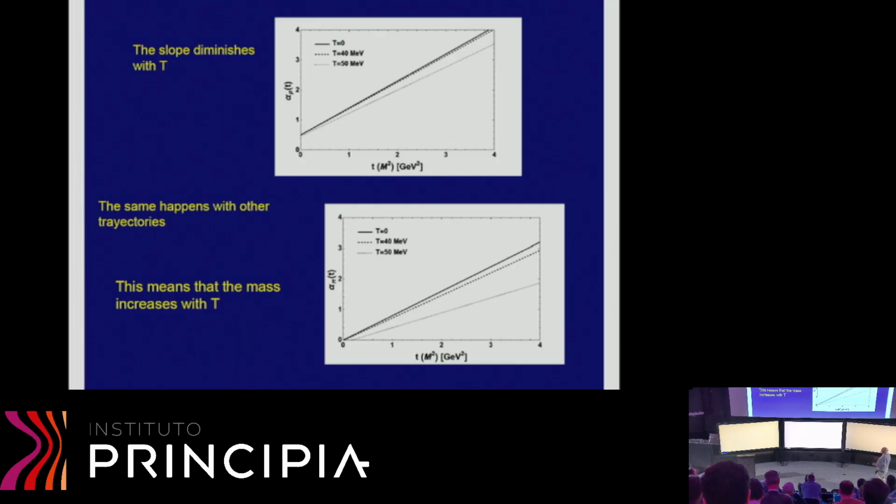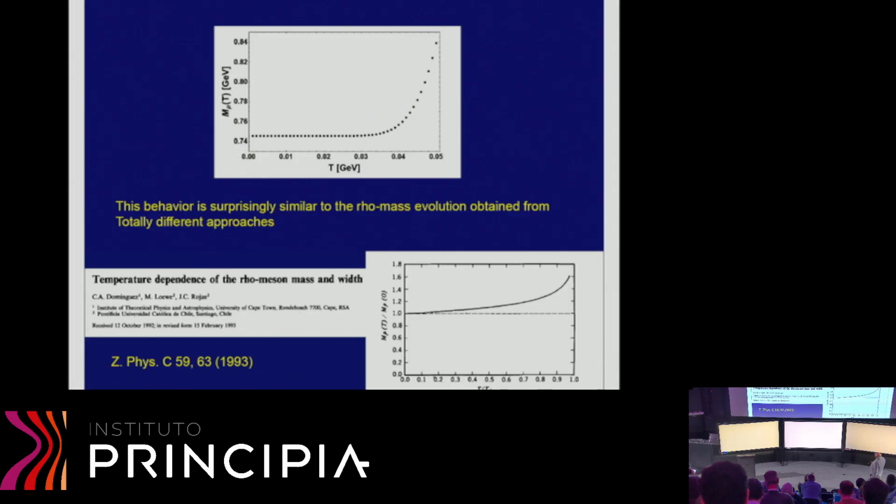And in fact, if you do this calculation varying temperature, you will find that this is the evolution of the Rho mass as function of temperature, just because the slope of the Regge trajectory diminishes. The slope becomes smaller.